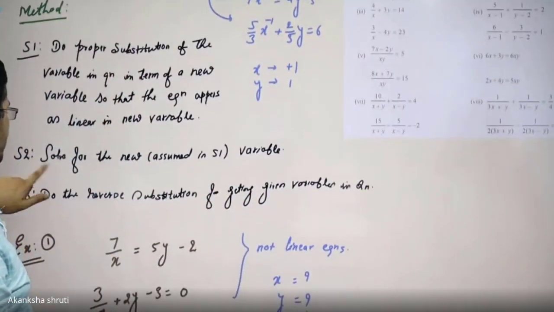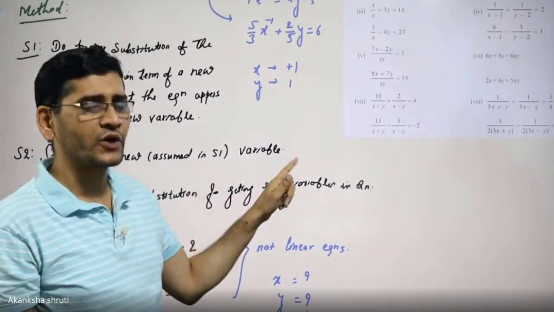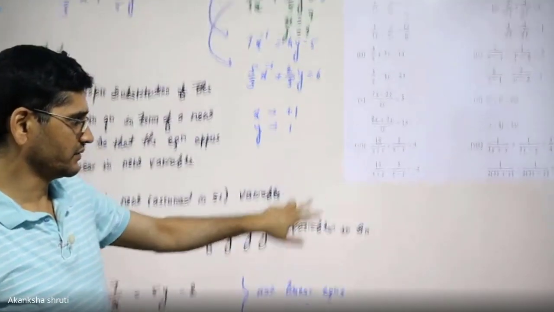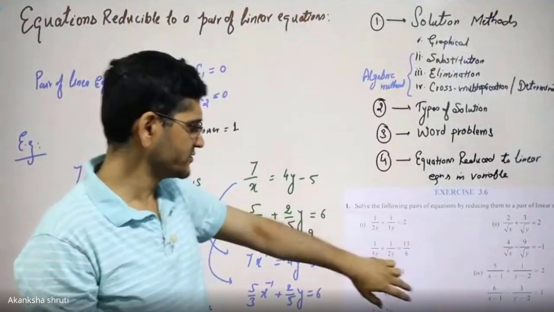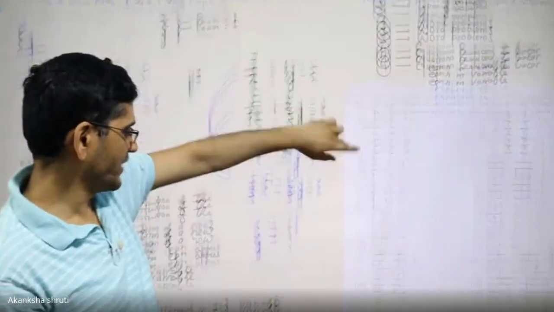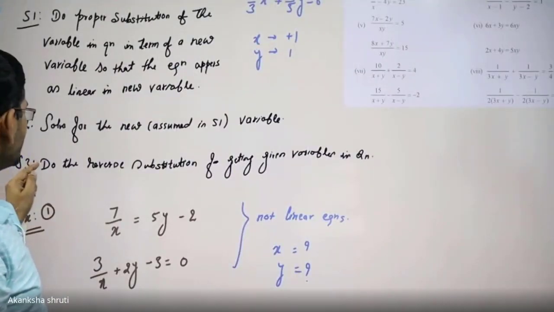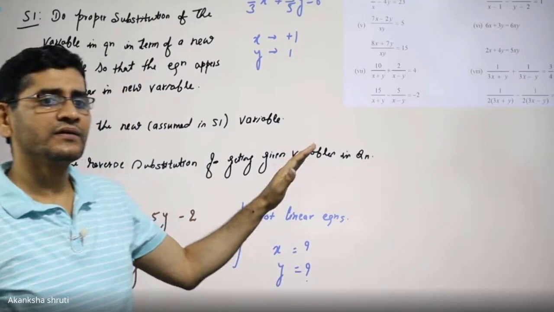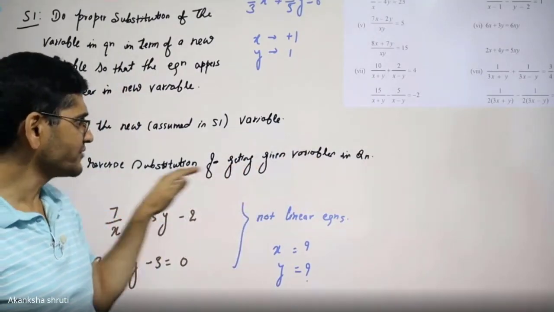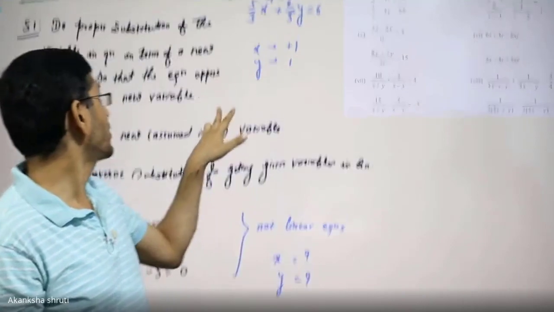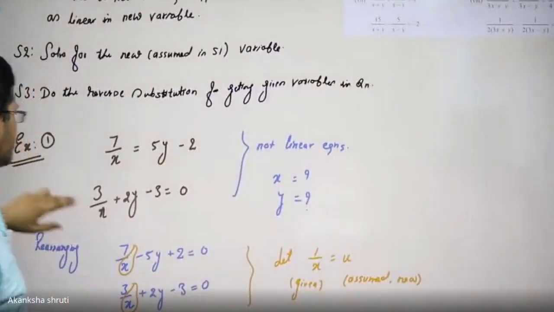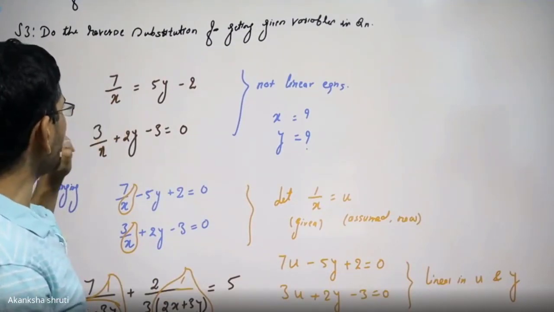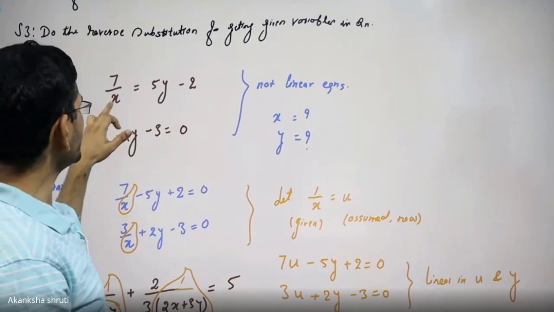Then solve this new pair of equations by applying either of these 3 or 4 techniques of solving linear equations. Then finally you have to get back the original variable by the substitution that we have done in step 1.